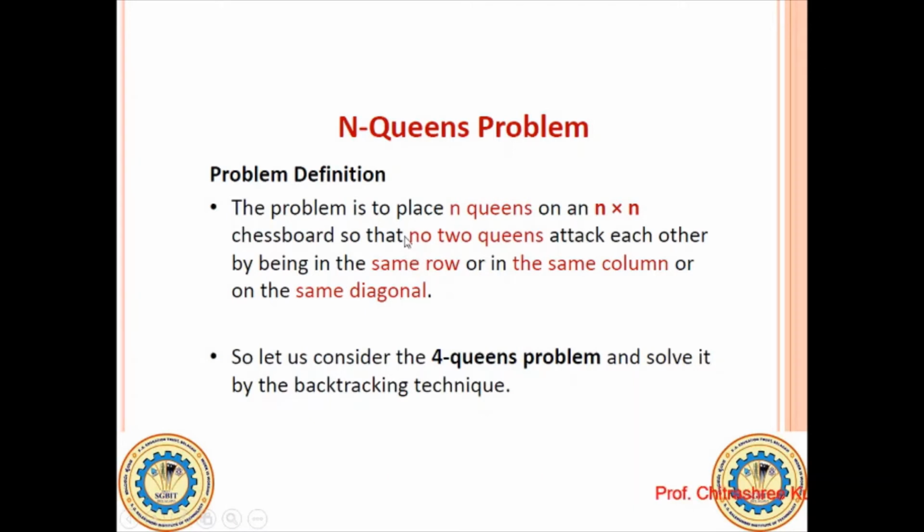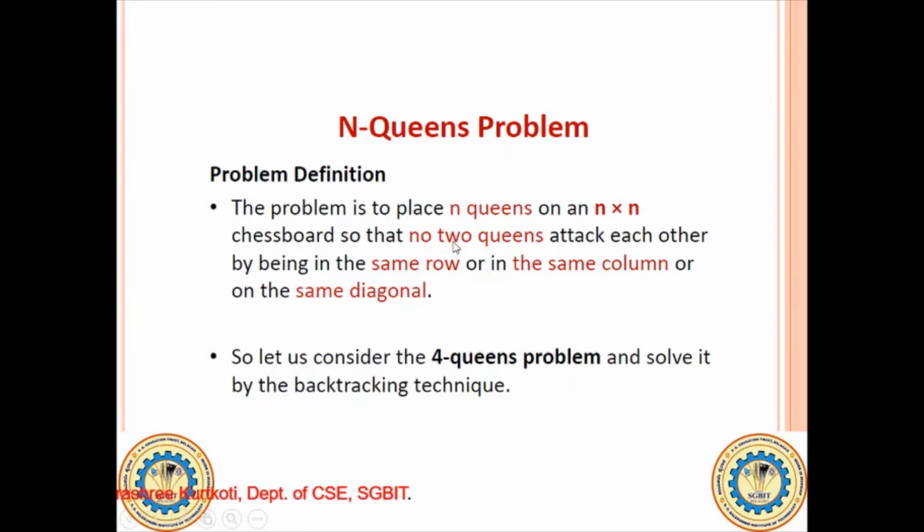Here we are going to place some queens on the chessboard. We will be given some n queens, so we have to place those n queens on the n cross n chessboard, and the constraint is no two queens will be in the same row, in the same column, and they must not be in a diagonal position.